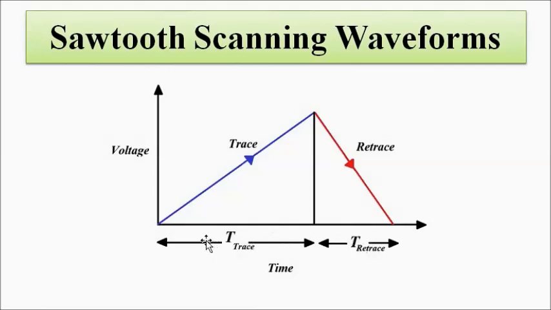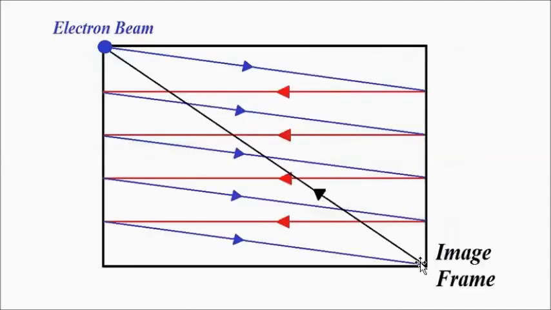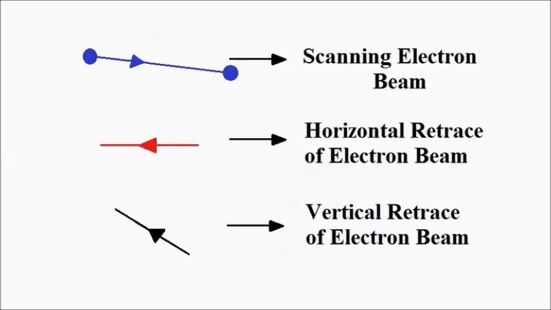Obviously the scanning period is more than the retrace period. So the blue represents the scanning electron beam, the red horizontal is the retrace of the electron beam, and then the movement from the extreme right at the bottom to the extreme left at the top, to its initial position, is the vertical retrace of the electron beam.